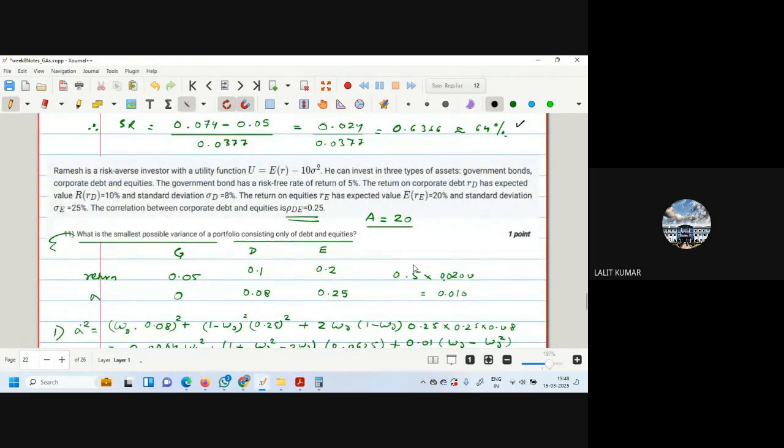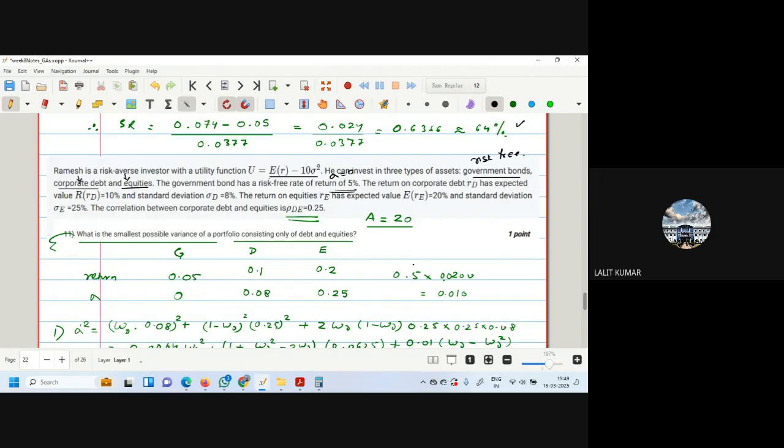Okay. Now the next question. Ramesh is a risk-averse investor with a utility function they have given. He can invest in three types of assets: government bonds, which are risk-free assets, corporate debt, and equities. The latter two are risky. The government bond has a risk-free rate of 5% and sigma equal to 0.